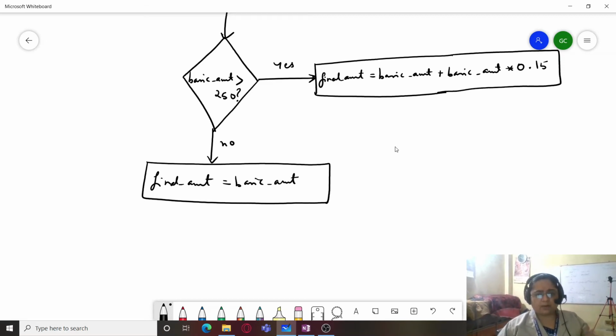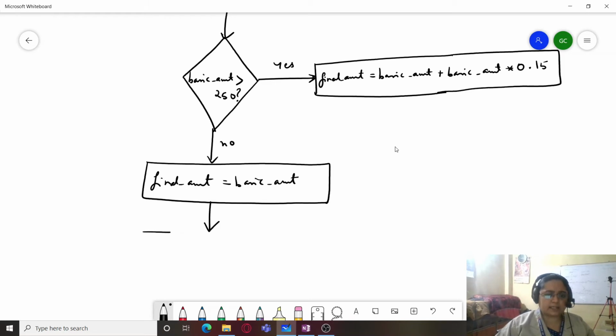Also, I could have avoided using this final amount. I could have completed my work with basic amount only. Here I could have simply written basic amount equals basic amount plus this surcharge, and here I could have simply left it, but I just did it so that many students don't get confused.